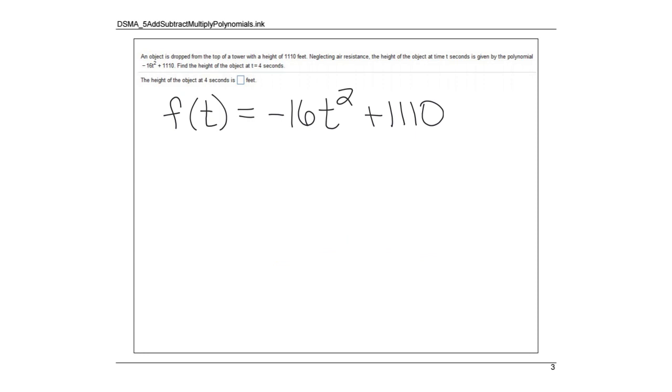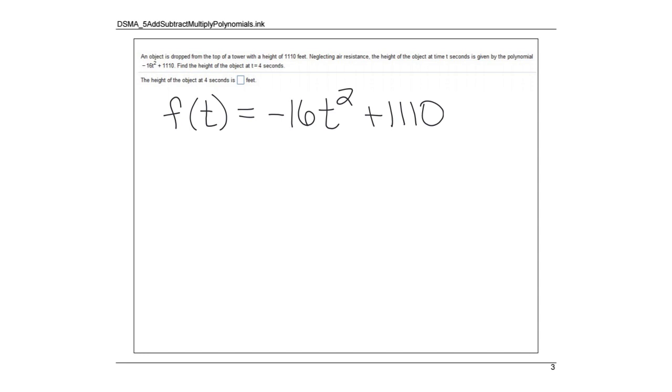So this is actually an ordered pair for this function if we were trying to graph. Here we have a word problem. It's actually a physics word problem. It says an object is dropped from the top of a tower with a height of 1,110 feet. Neglecting air resistance, the height of the object at time t seconds is given by the polynomial negative 16t squared plus 1,110.